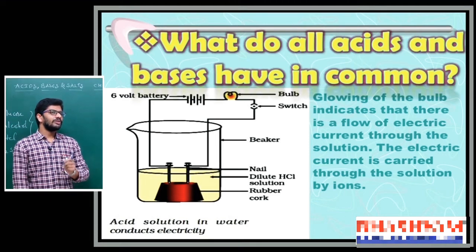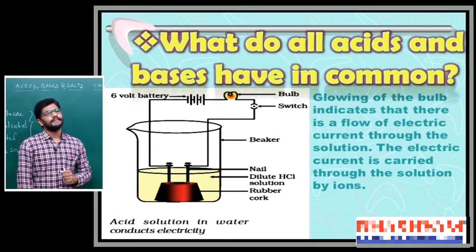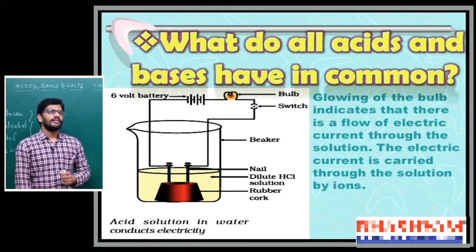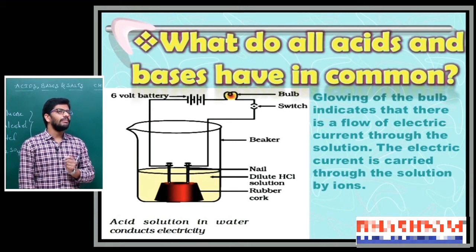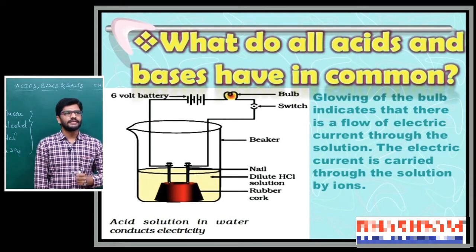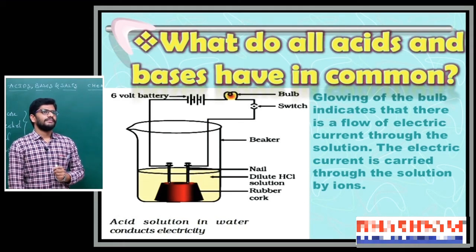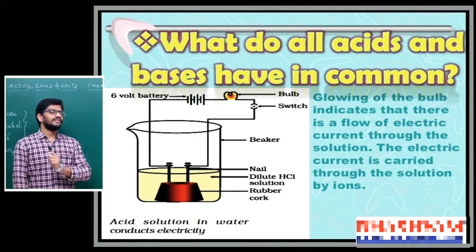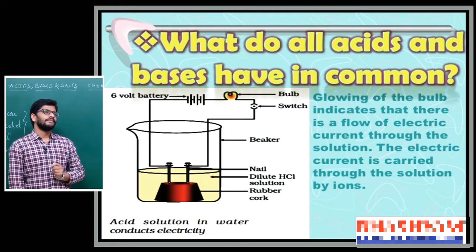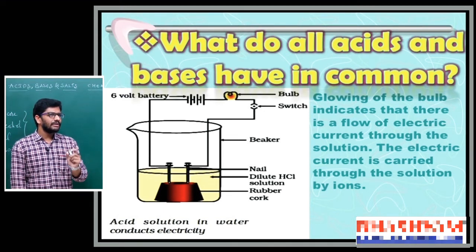Here one doubt arises in our mind: sir, why are we keeping a bulb in the experiment? Because if there is an electric current through the solution, then the bulb will glow.